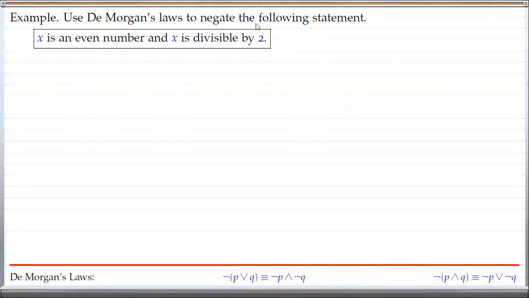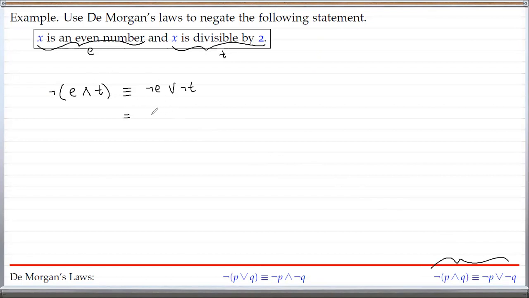The next example here: "X is an even number and X is divisible by 2." Let's denote this part by E, and this part by T. So here we are trying to find the negation of E and T. This will be not E or not T, using this formula.